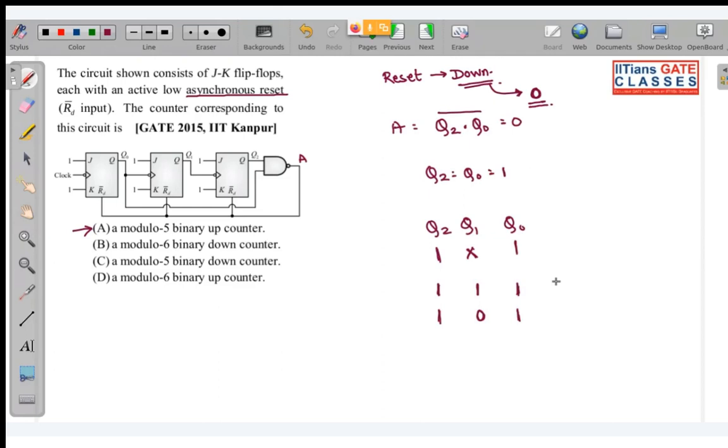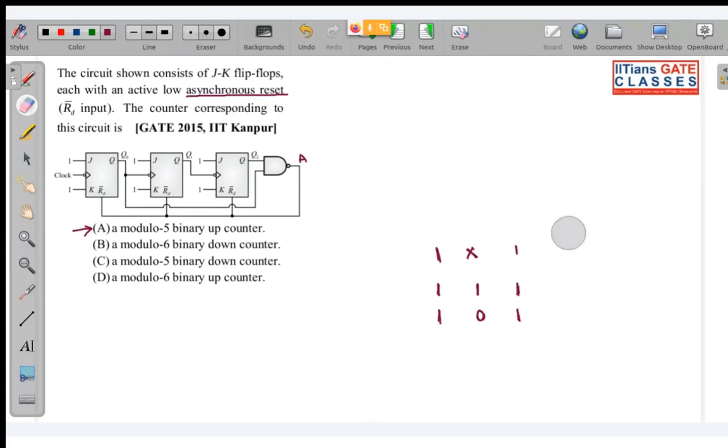Why did you guys tell me up counter? This is down counter. Someone said option A. Shubham, why are you saying option A? Reset input. Oh, sorry. It is actually preset. Very bad.